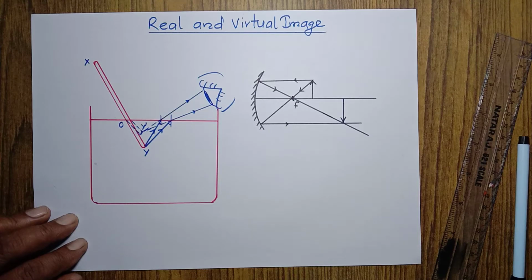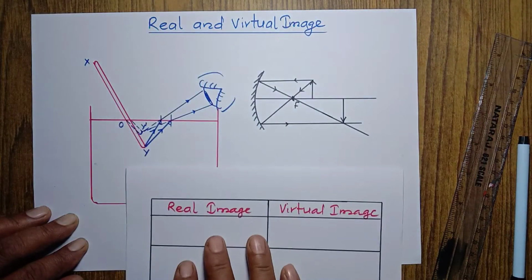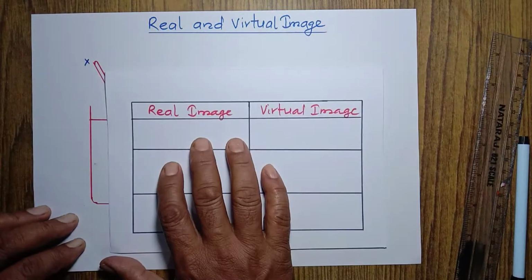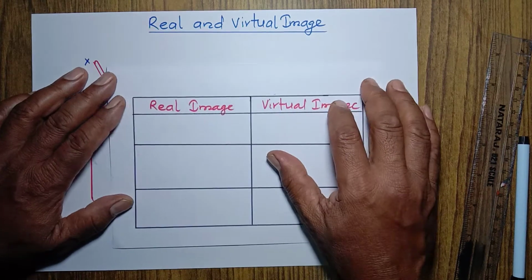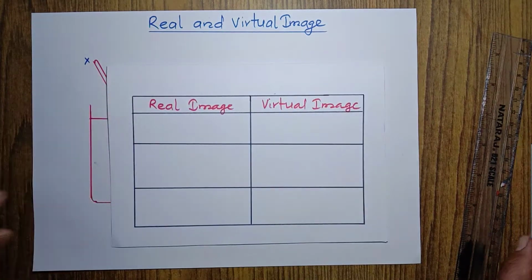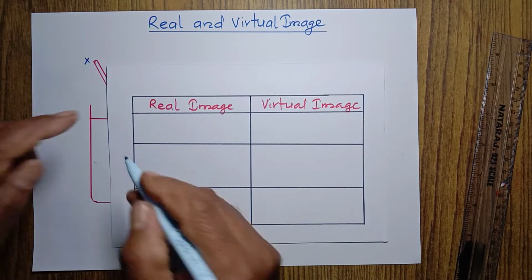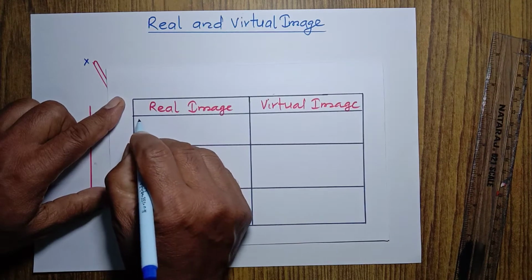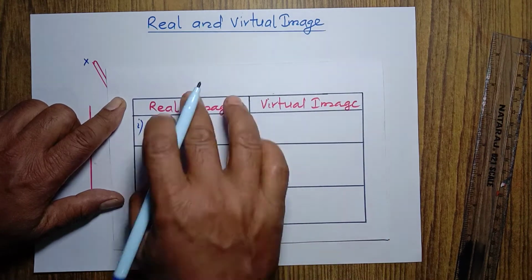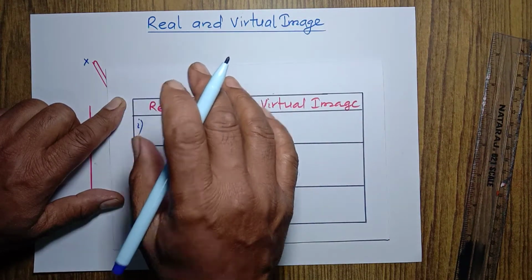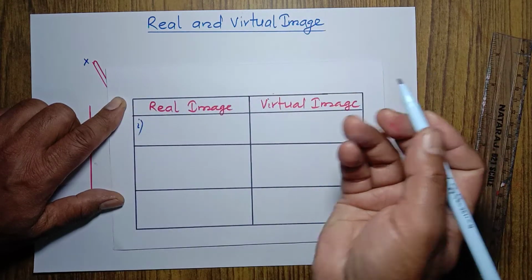If you are asked to write differences between real and virtual image, look at this. I made a table first. I want to fill up this table. How? The first one, what I told you just now: what is a real image? Which can be obtained on the screen.